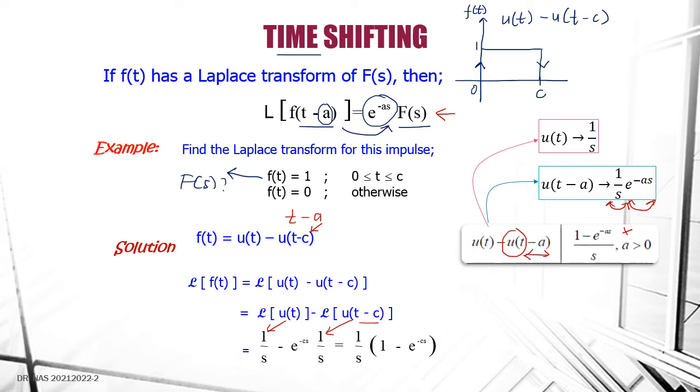For the shifting property you'll have the exponential function of as. So in this case, your a equal to c, so replace a with c. So this is your Laplace transform of f(t).